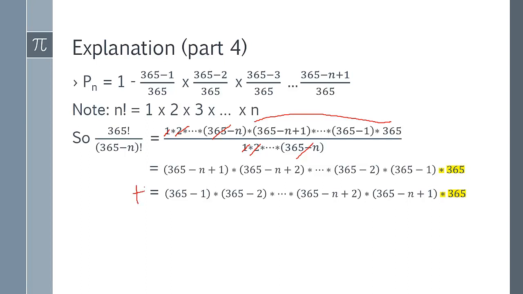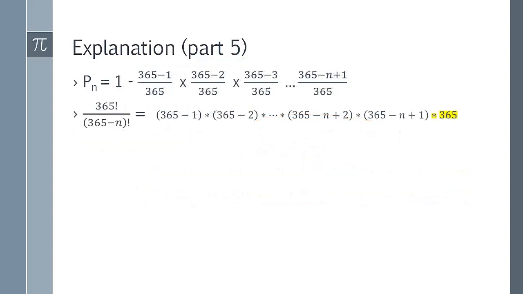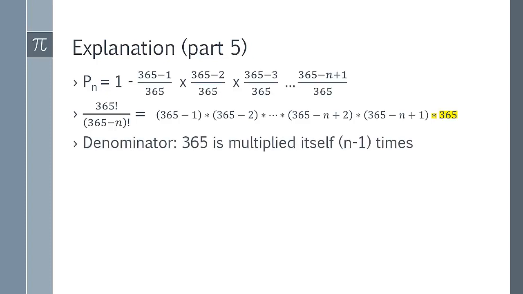Now after some reordering, we can see that the number here is almost identical to the numerator for the probability that birthdays do not match. The only thing that's different is this extra 365 here. Now let's set aside our numerator for now and focus on the denominator right here.